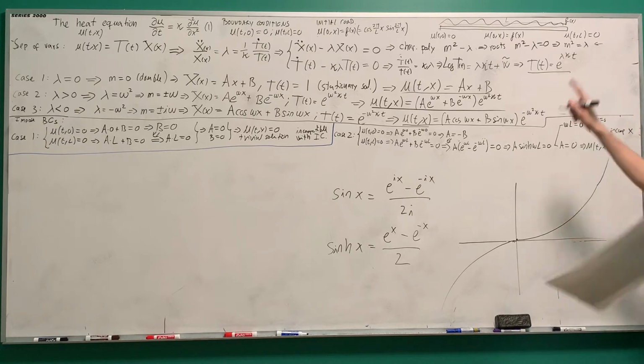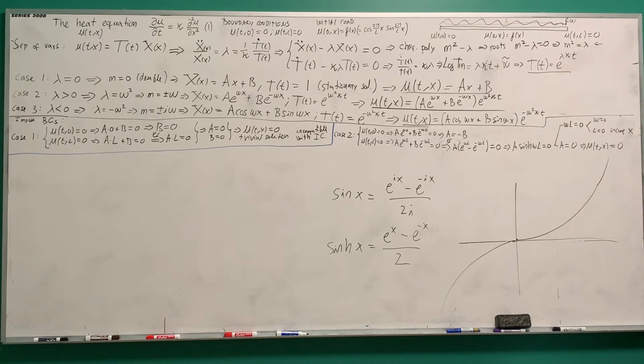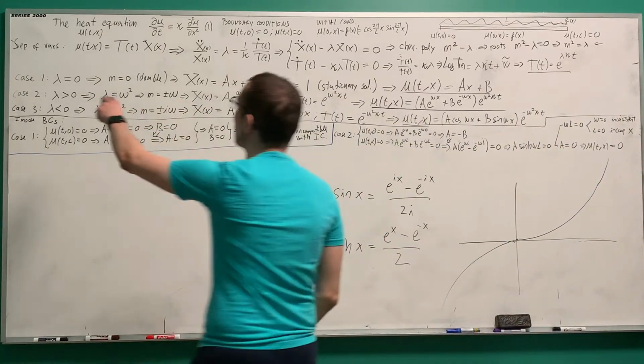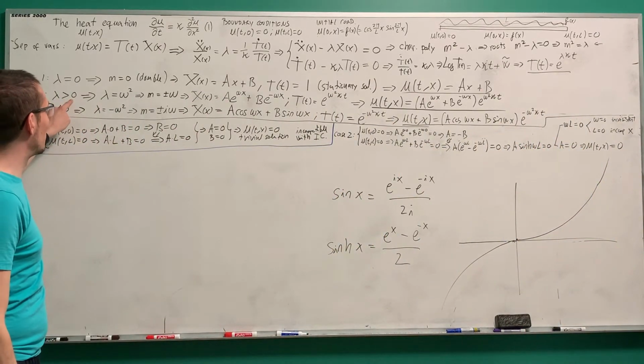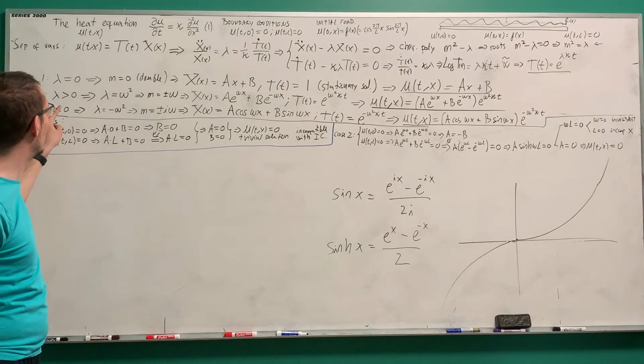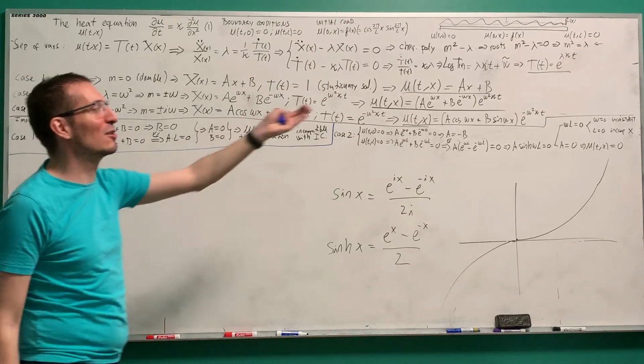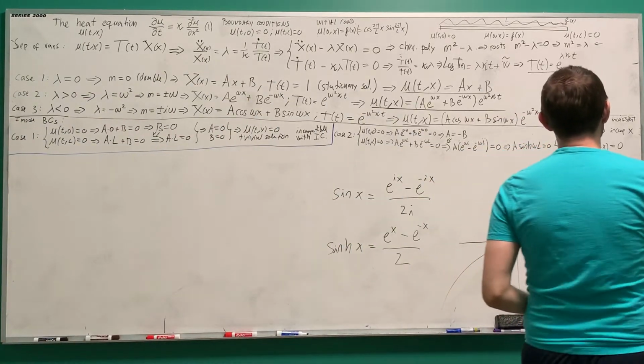So this one is incompatible. We have a finite length bar, we really have a bar. This is inconsistent. Let's write inconsistent. Why is it inconsistent? Because we are in case 2. Case 2, lambda is larger than 0, which means that omega squared is larger than 0. And if omega squared is larger than 0, it cannot be equal to 0. So this is inconsistent.